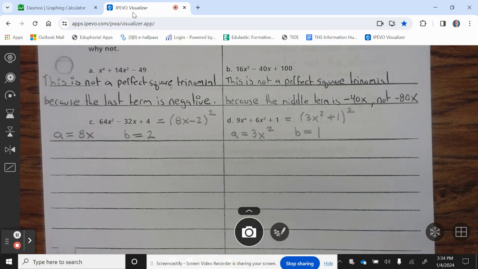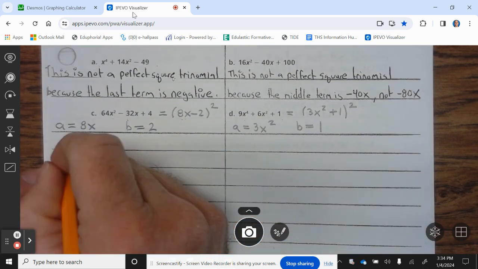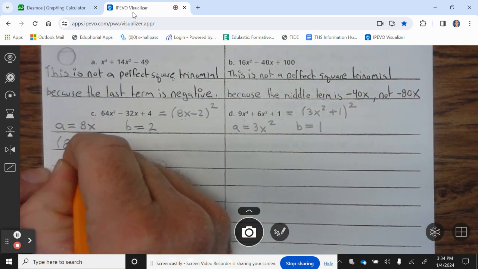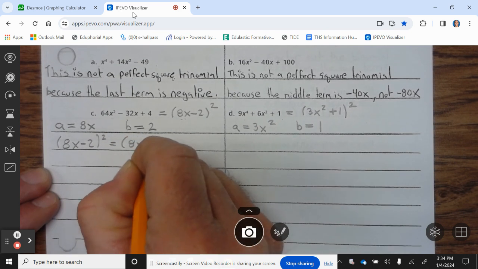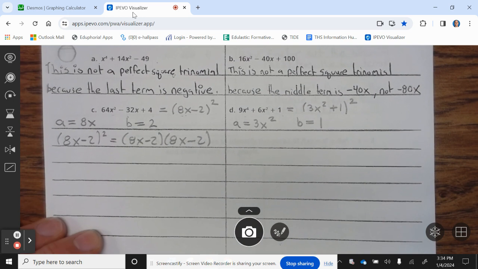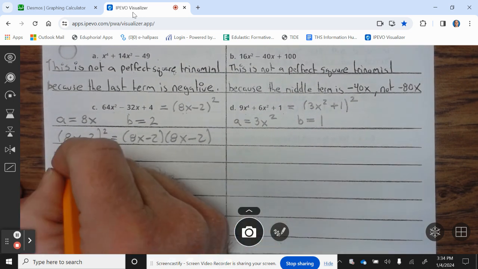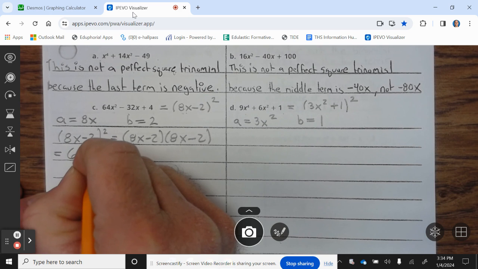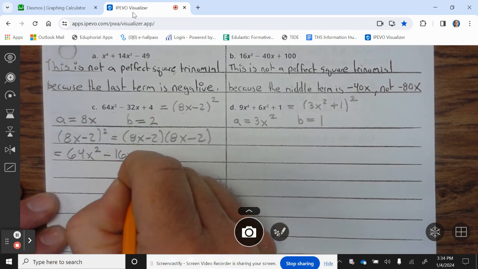Now, before we move on, let's go ahead and check to make sure that this matches this. So we have 8x minus 2 squared is equivalent to 8x minus 2 times 8x minus 2. So let's go ahead and FOIL that out. 8x times 8x is 64x squared. 8x times negative 2 is negative 16x.